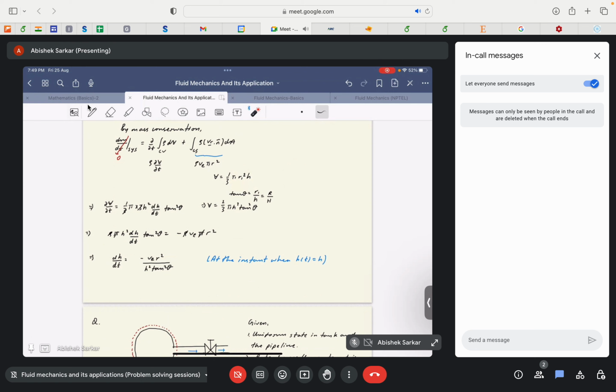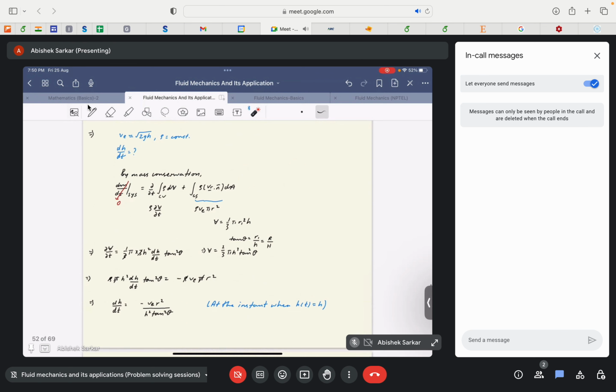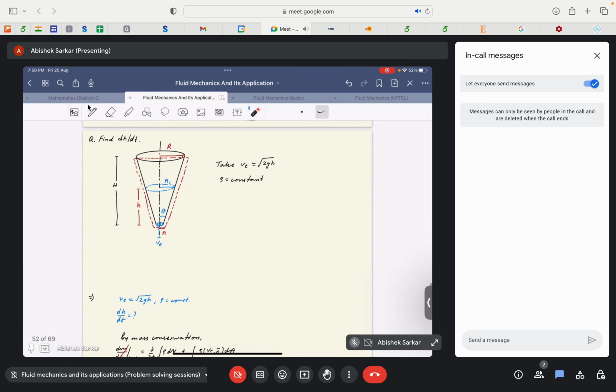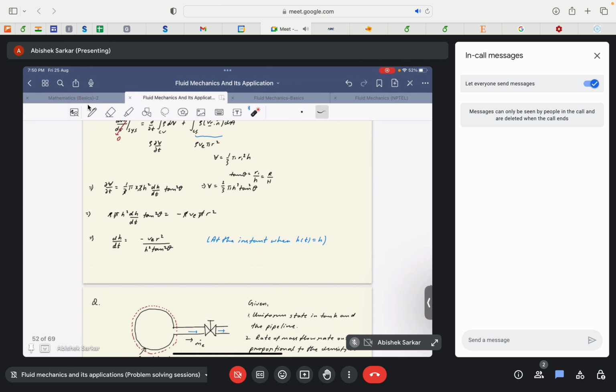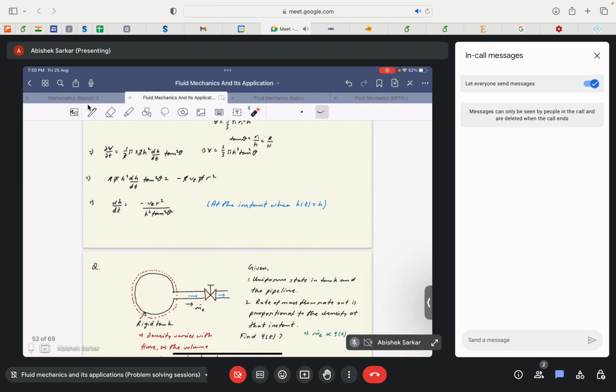We just use trigonometry and find that tan theta is equal to r1 by h. So given that, we can substitute the value of r1 in this equation.